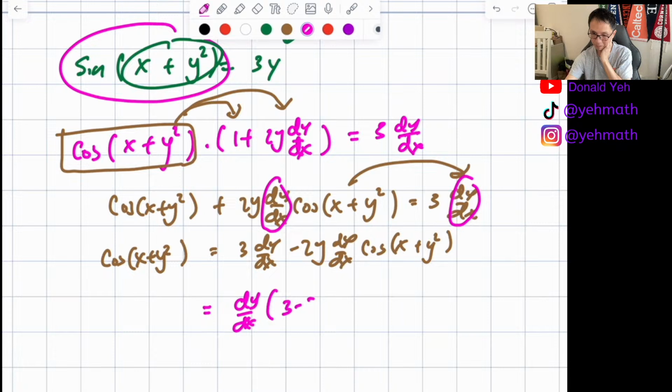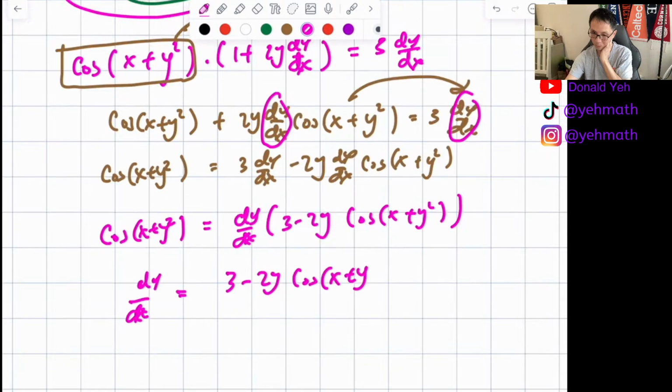And I'll solve it. 3 minus 2y cosine of (x plus y) squared over cosine of (x plus y) squared. Now remember, please do not try to be cute and say, oh yeah, I want to cancel out this. This is not cancelable, by the way. Oh, I flipped it the wrong way.